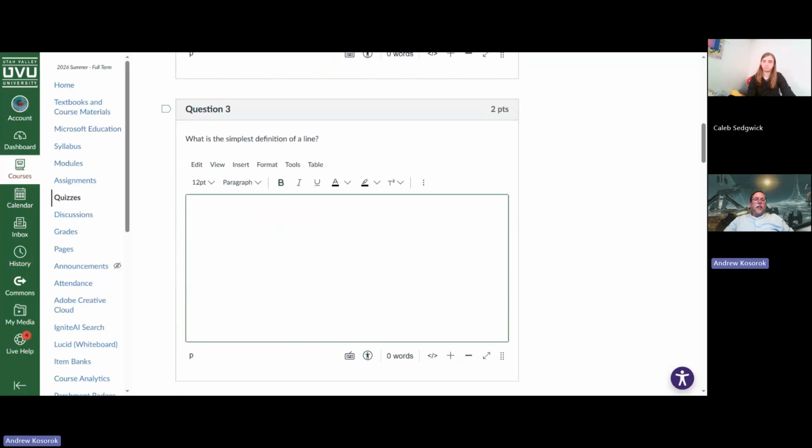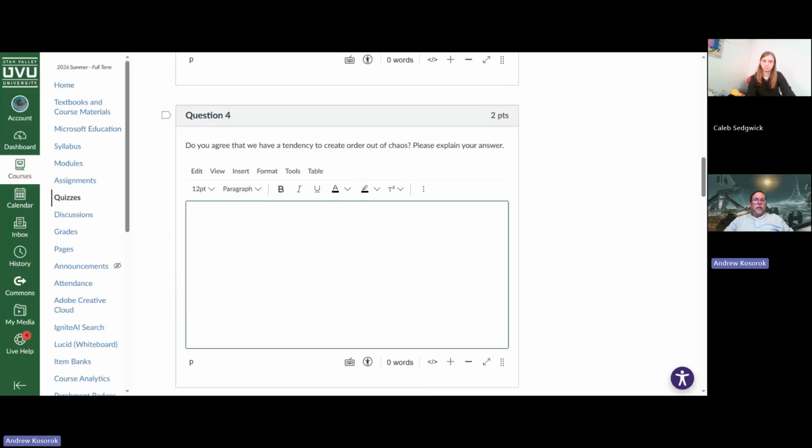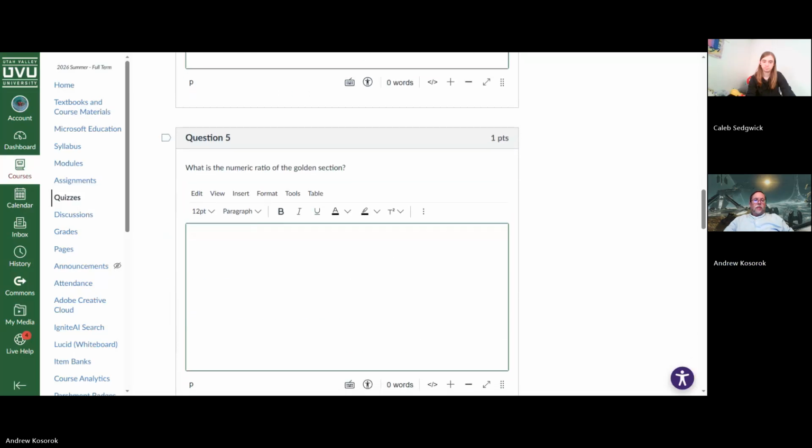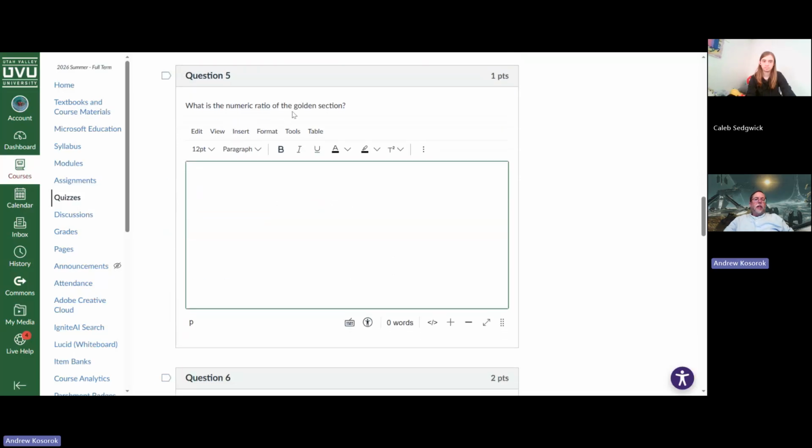Simplest definition of a line. This is right out of the textbook. Any definition that is not out of the textbook is not appropriate and won't get the points. And the numeric ratio, I think almost everybody's gotten this. There's only been one where somebody had written something incredibly confusing, something like half the square root of 5/2, I can't remember the exact thing.